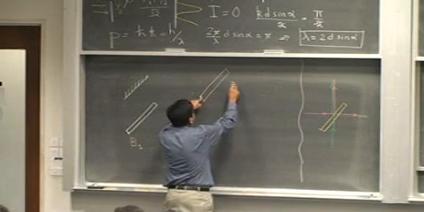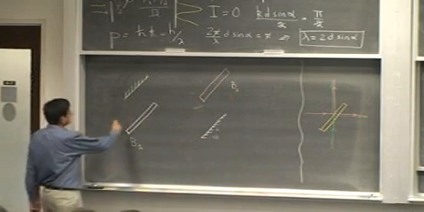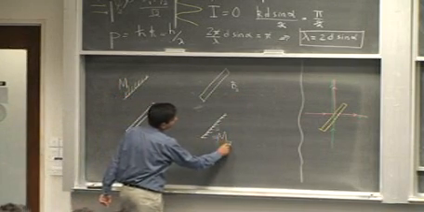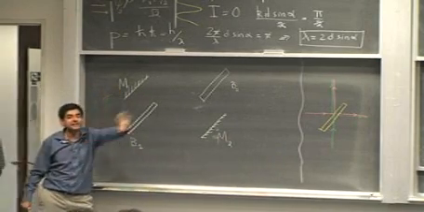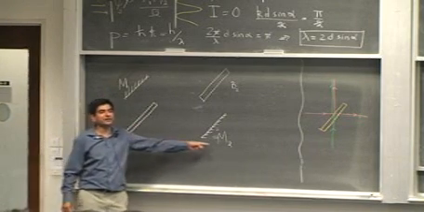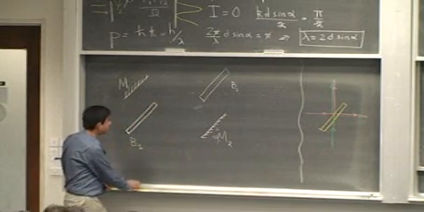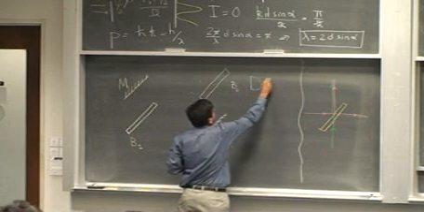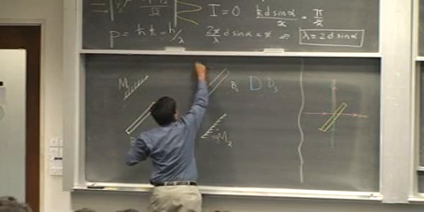This is beam splitter 2. This is mirror 1 and this is mirror 2. Mirror 1 totally reflects light. This is also a mirror; it totally reflects light. Now I have a detector here, D3, and a detector here, D4.